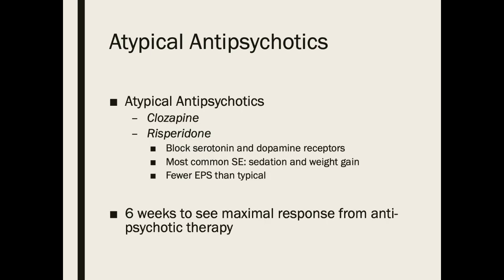Then we have atypical psychotics, or excuse me, antipsychotics. So we've got our typical antipsychotics, and we have our atypical antipsychotics. Your atypicals are going to block dopamine receptors, and they're going to block serotonin 5-HT receptors. These atypical antipsychotics have less risk of extrapyramidal symptoms, so we don't have to worry about that as much.